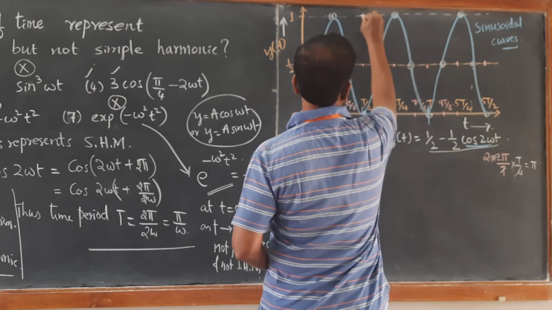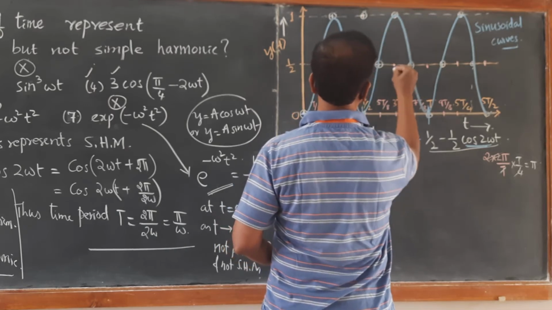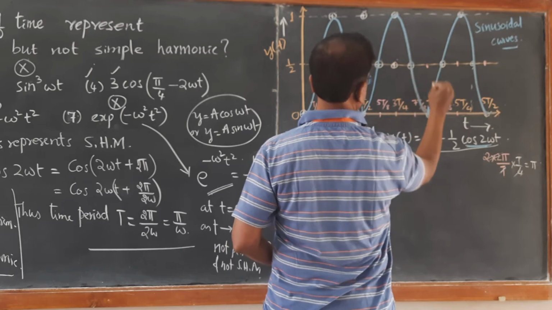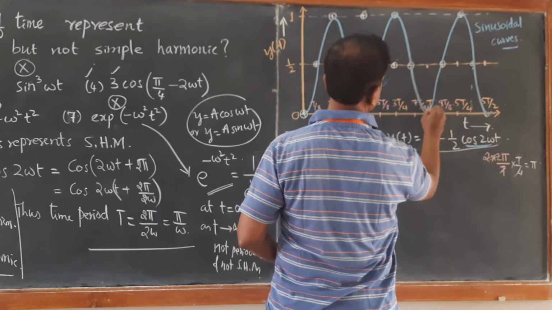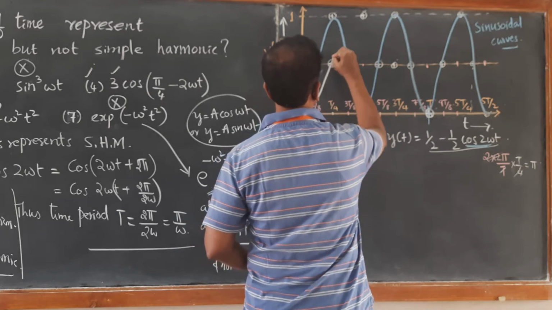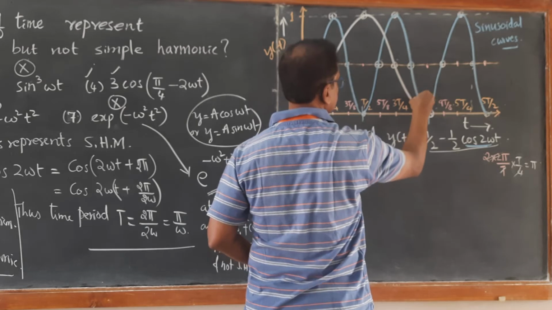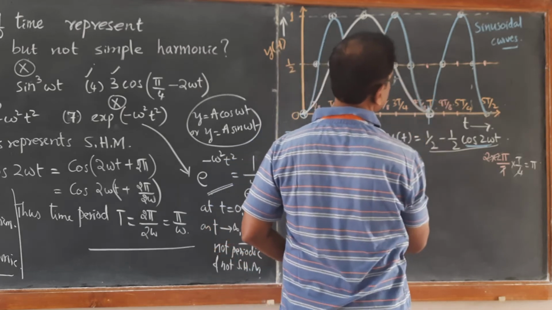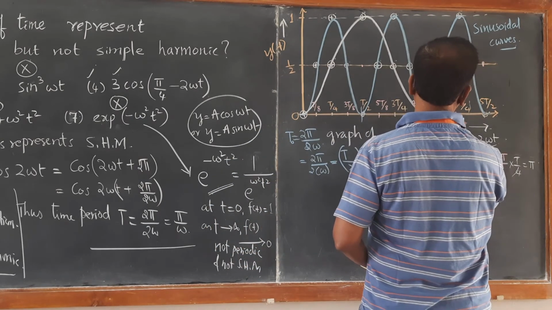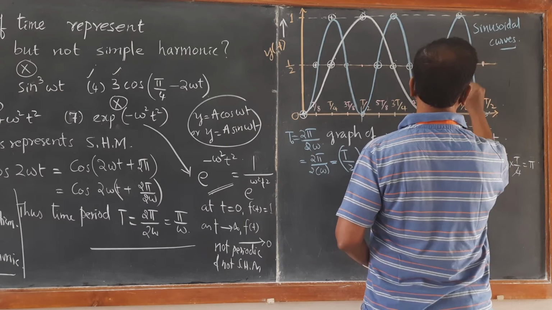First I will mark the points t by 2, then 3t by 4, and then full t. This is how the graph looks, and it continues like this.